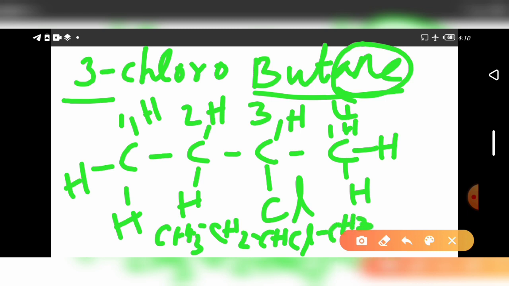That's all. This is the formula of 3-chlorobutane: CH3, CH2, CHCl and CH3. That is 3-chlorobutane. I have to explain this one again. Okay.